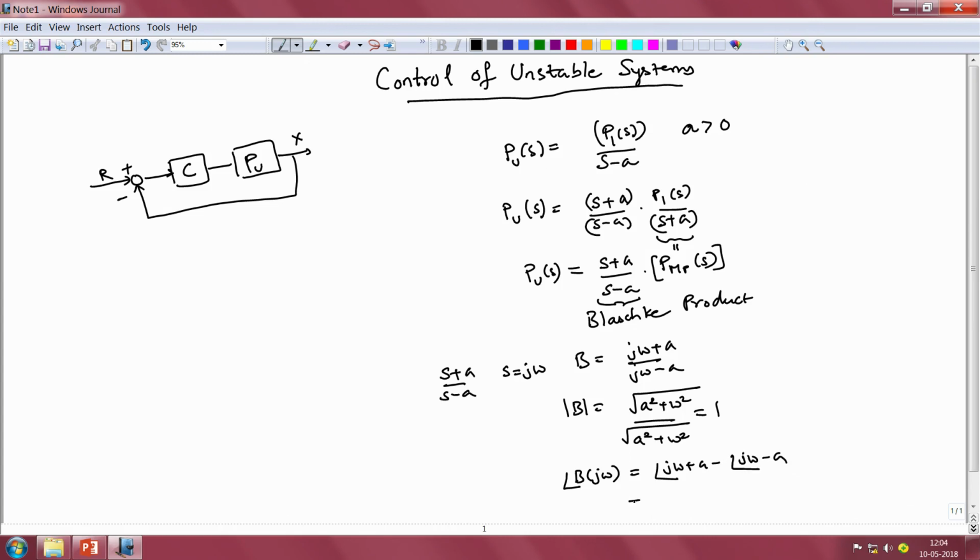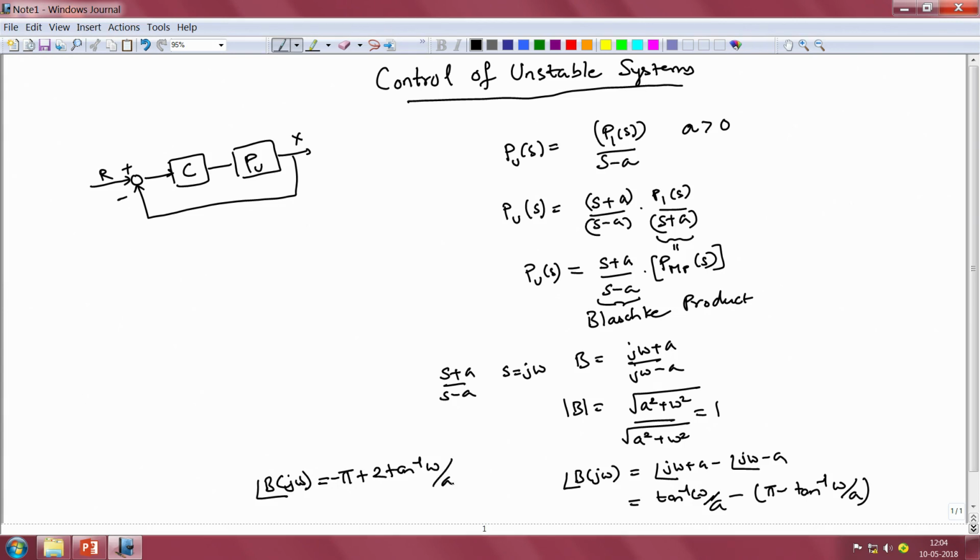This is equal to tan inverse of omega by a minus the angle of j omega minus a, which can be shown to be equal to pi minus tan inverse of omega by a. As a consequence, the phase of the Blaschke product B of j omega is going to be given by minus pi plus 2 tan inverse omega by a.